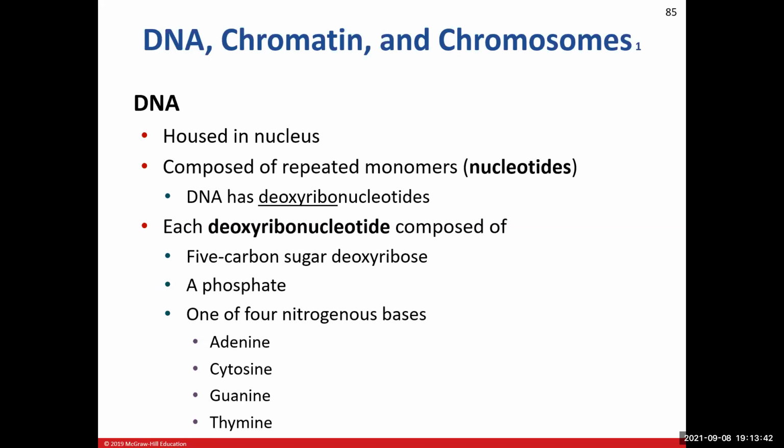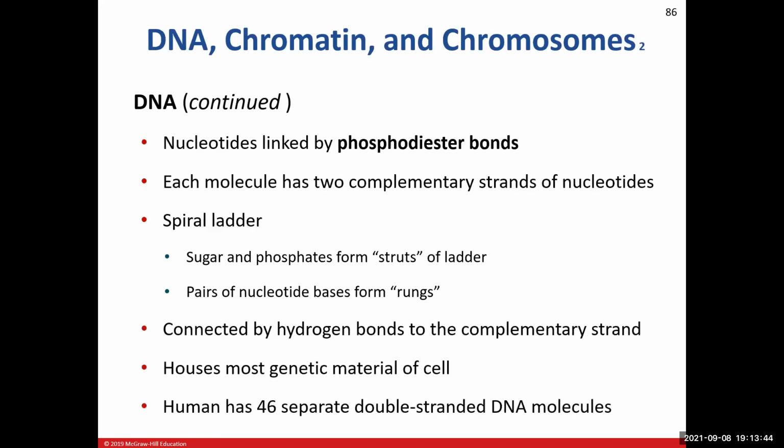All right, so I think I got a picture in here. I'll show you here in a second. So for our DNA, those nucleotides will be attached to one another. And that configuration creates this structure that looks like a spiral ladder. And so you know how a ladder has the struts, which are the side pieces, and then the rungs are what you climb up on.